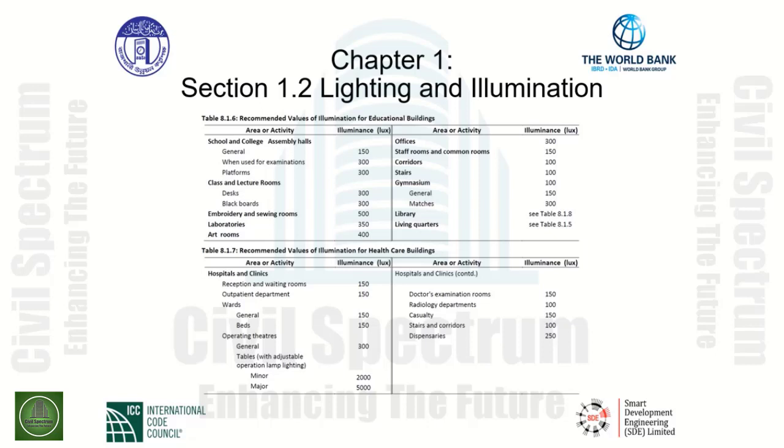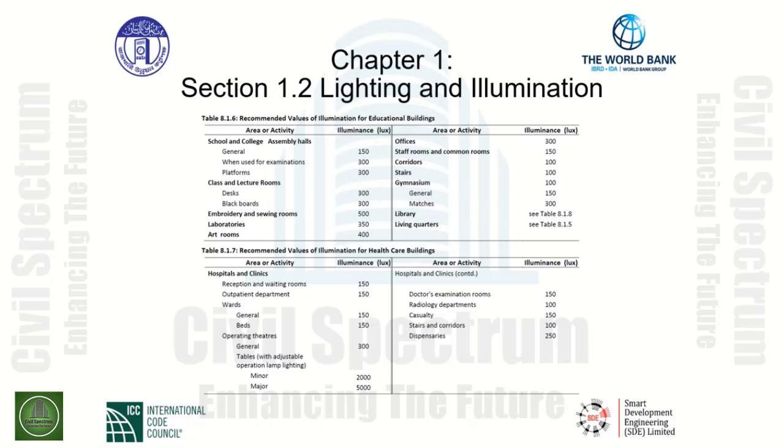We have Table 8.1.7 below. Recommended values of illumination for healthcare buildings. Hospital and clinic, this category. When we have areas such as reception and waiting rooms, we have a minimum value of 150 lux.